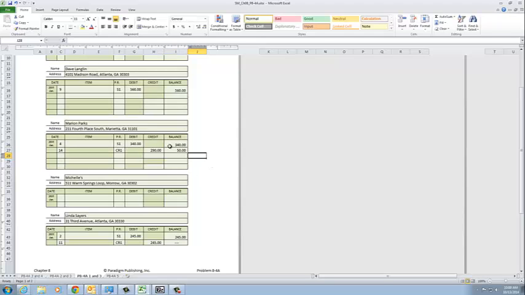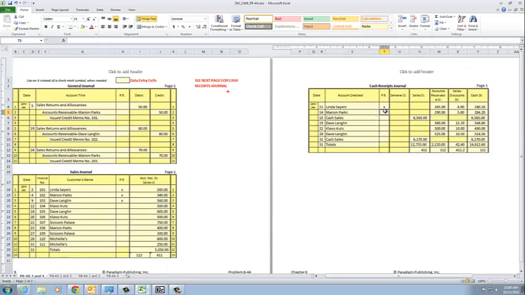Remember that Parks had the return of $50, which we will post the sales return a little later from the general journal. Okay, we want to come back over here and show that this has been posted. Cash sales, that is not a customer, so we don't have to go to the accounts receivable ledger.